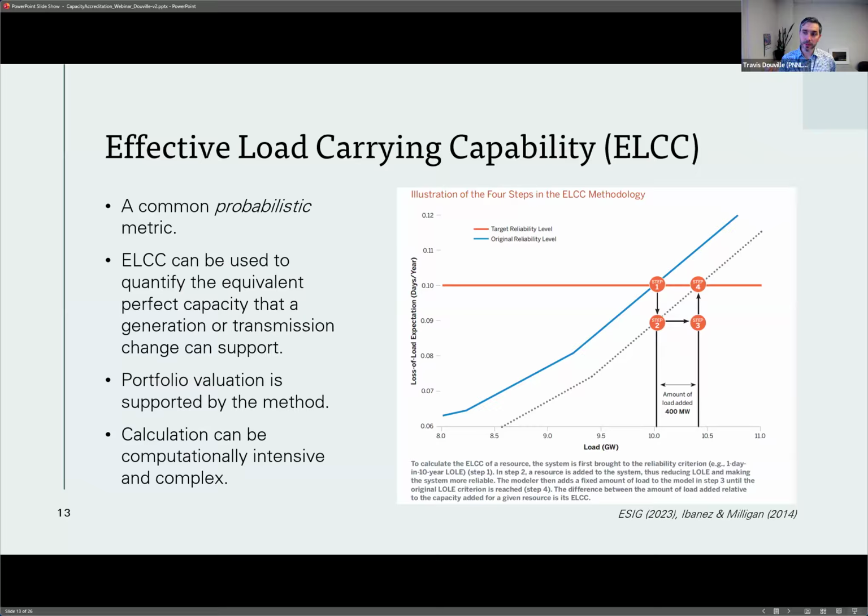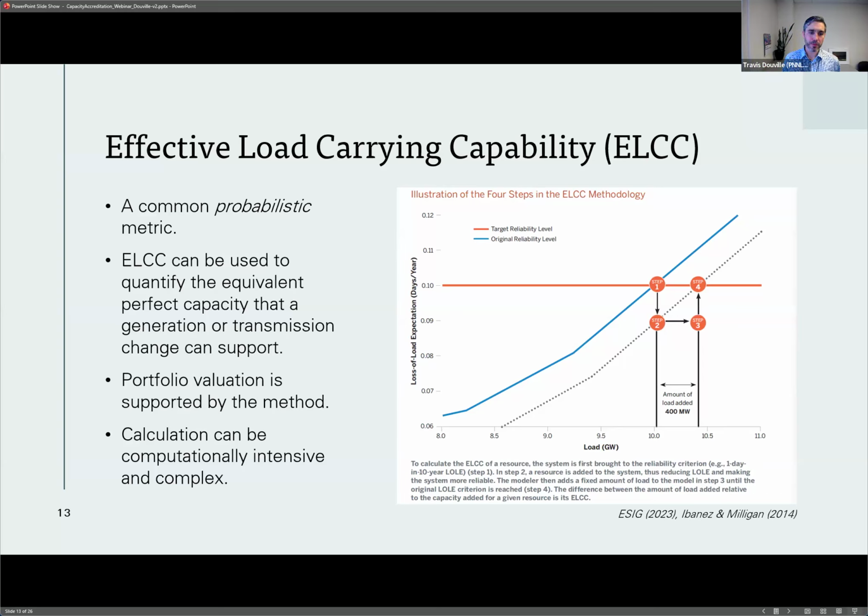So that does take, I want to be clear, that's not exactly a simple step from 2 to 3. One has to add some load to the system, assess the reliability of that system against the resource adequacy criterion, and then adjust that guess. So if maybe you're too low the first time, you've got to add more, or maybe you're too high, you have to back off on how much load you added to get to that 0.1 LOLE when you bring the system back.